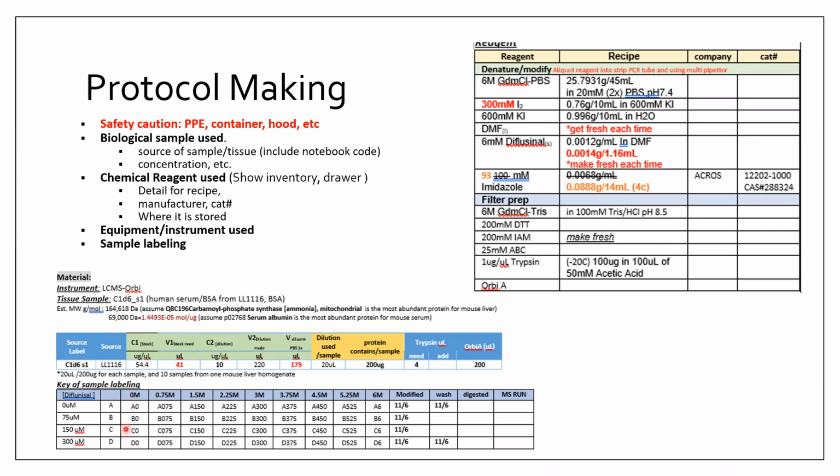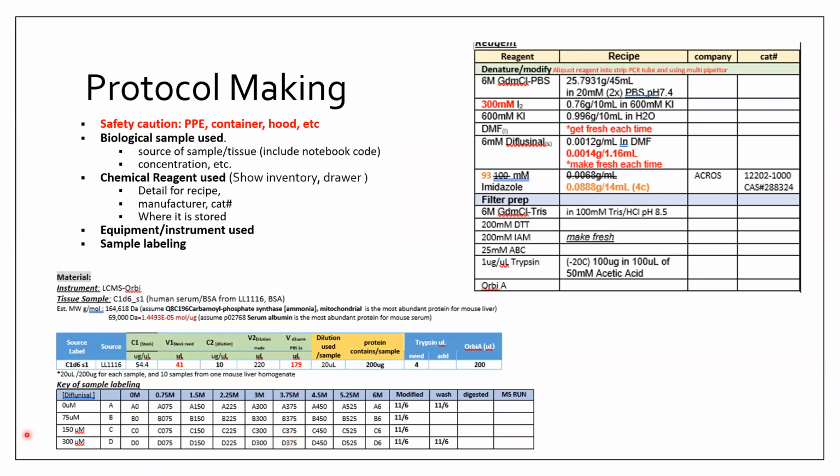That gives us 36 samples, and in our sample coding, A refers to 0 micromolar of treatment, and A 225 means it is denatured at 2.25 molar guanidine hydrochloride.